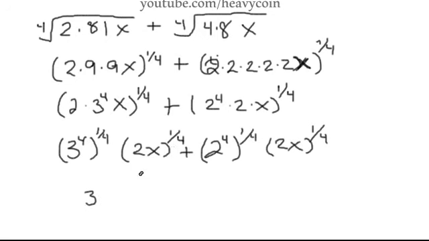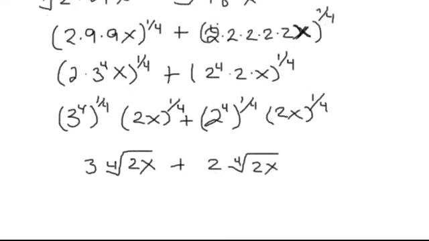Now I'm going to go ahead and make that jump and get everything back in radical form. Okay, and so this becomes plus 2 times 4 roots of 2 to the x. And now since both these are the same, we can add their coefficients.